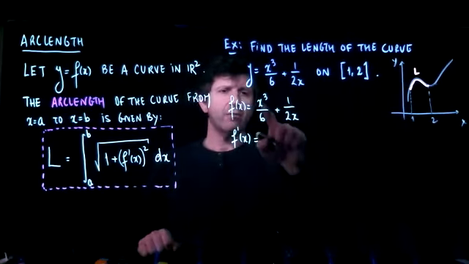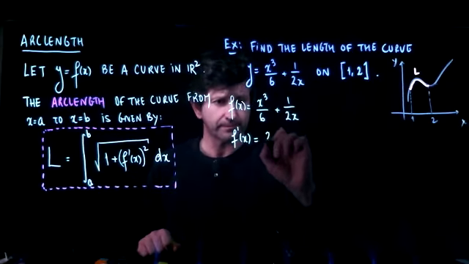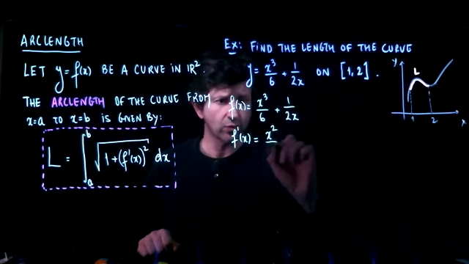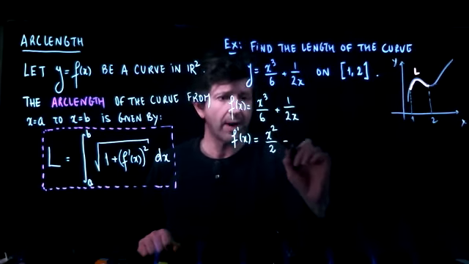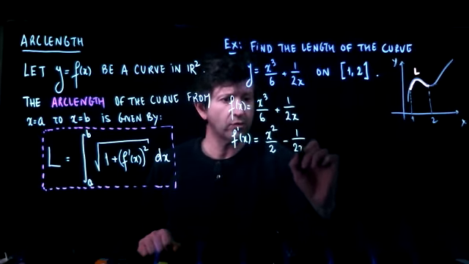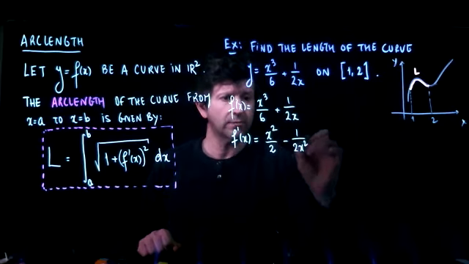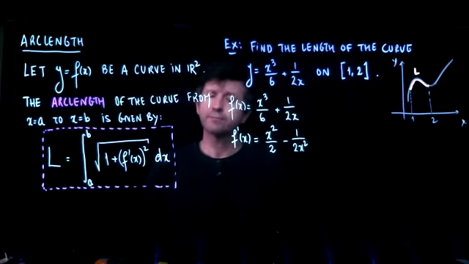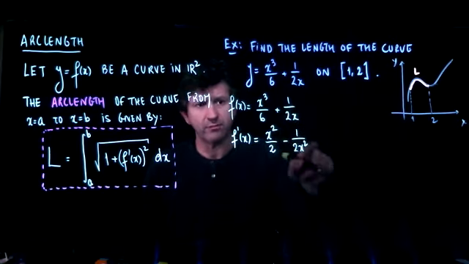So f prime, the derivative, is x squared over 2 minus 1 over 2x squared. Okay, you with me? Yeah, I just did the derivative.